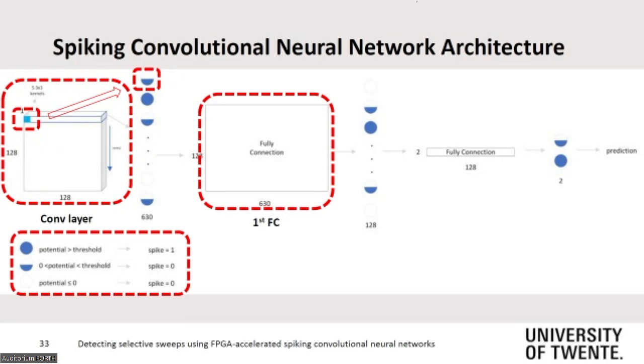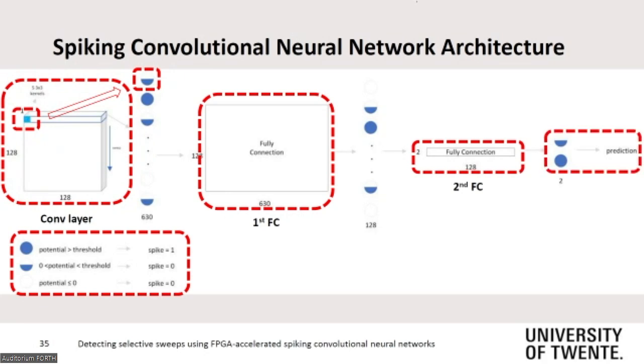Then the outcome from the fully connected layer will go to the second fully connected layer, and finally we have two spiking neurons to do the final prediction.